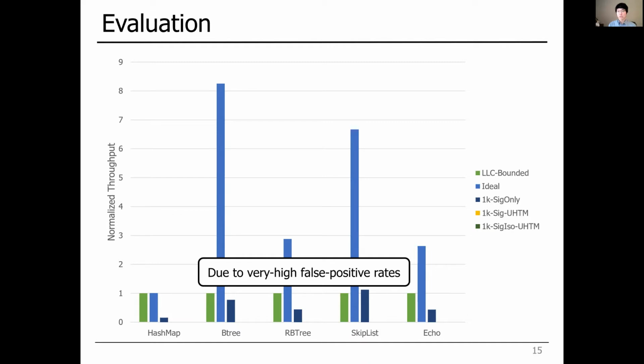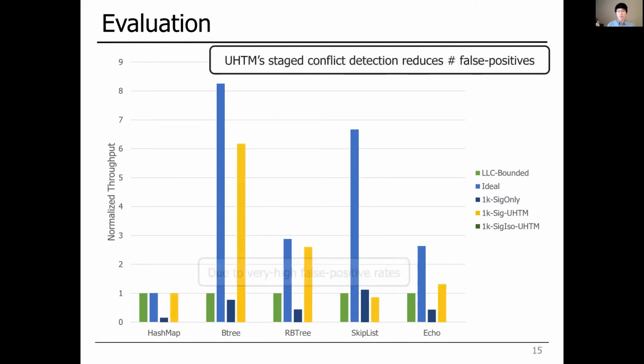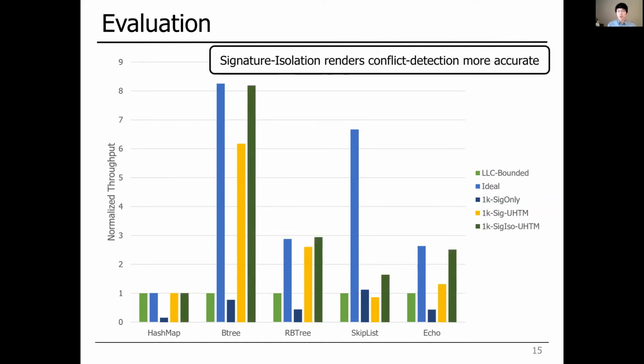This is because the signature-only system generates too many false positives, so transactions were highly serialized. However, UHTM drastically reduces the number of false positives, making UHTM highly outperform the baseline. Furthermore, UHTM achieved throughput close to the ideal, except for skip list, with the signature isolation technique. For more experiments, please refer to the paper.